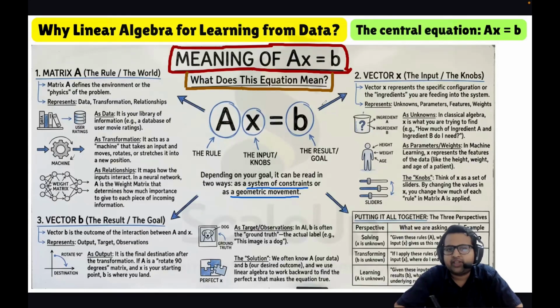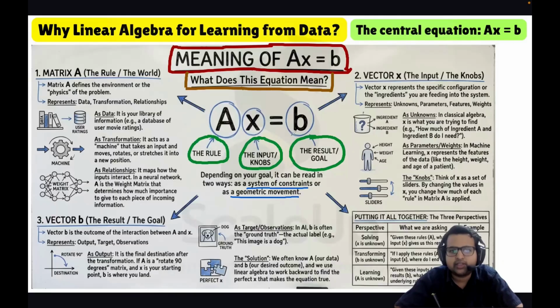So in this equation, Ax equals b, A is the relationship matrix, or you can call it the rule. A is the rule. We'll discuss in detail what the rule means. X is the input, the knobs, and b is the result, the goal. Now, all these components we will discuss in some good detail.